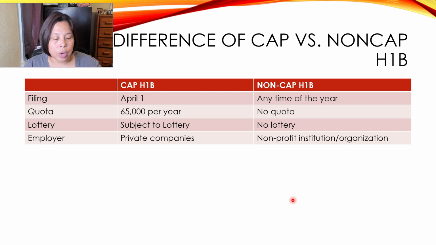We're going to discuss that in detail later, with examples of non-profit institutions or organizations. That's why it is more difficult to find the employer, because there is a very limited number of non-profit institutions or organizations compared to private companies or institutions.